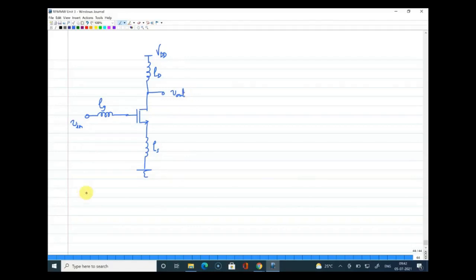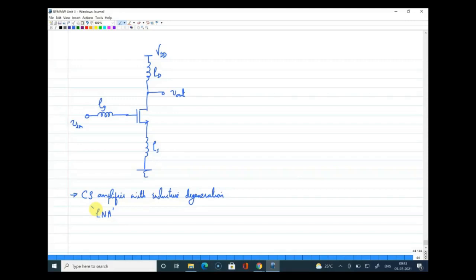So this is the CS amplifier with inductive degeneration, and this is a suitable candidate for a low noise amplifier because we haven't added any physical resistance, but still we were able to match with the purely resistive impedance of 50 ohm, and we only have inductance here, and thereby we are not adding any additional noise.